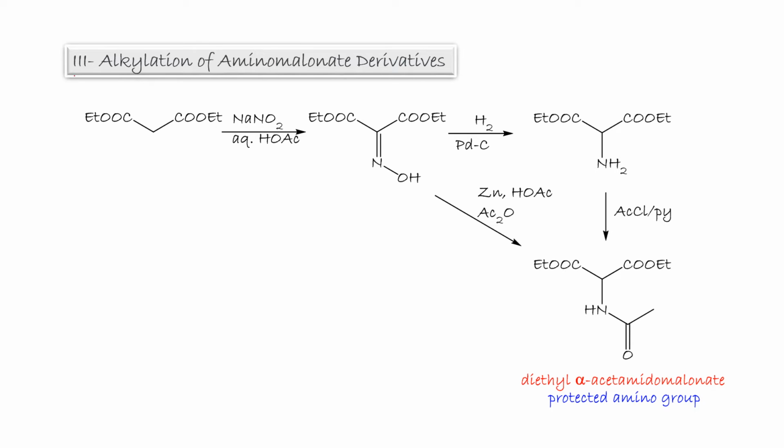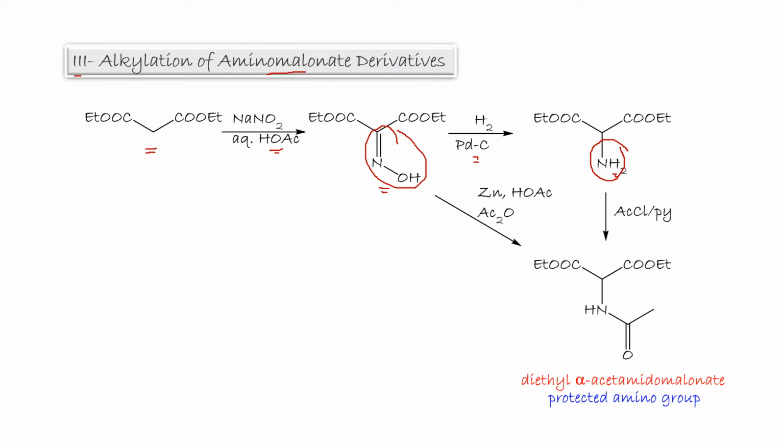Method 3, alkylation of aminomalonate derivatives. Malonic acid, when treated with sodium nitrite in aqueous acetic acid, gives the oxime, which upon reduction with hydrogen and palladium on carbon, the oxime functional group will turn into amino.